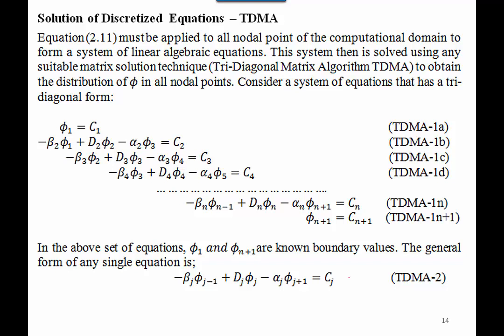In order to calculate these variables, we will need a technique called the TDMA method, the tridiagonal matrix solver. In this method, we will write the equations in a matrix form and solve it.